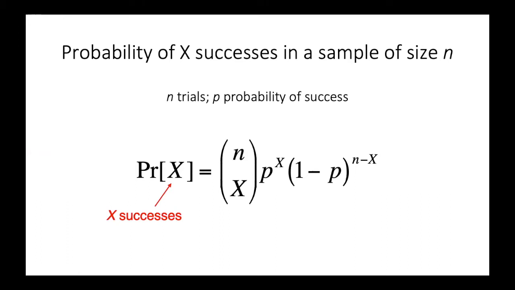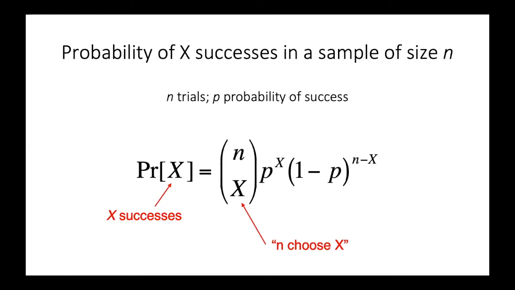So in our previous example, where a success was represented by a brown flycatcher, this is, let's say, the probability of getting 3 brown flycatchers in our sample. This odd notation here is pronounced N choose X. So the probability of X successes is equal to N choose X times P raised to the power of X times 1 minus P raised to the power of N minus X.